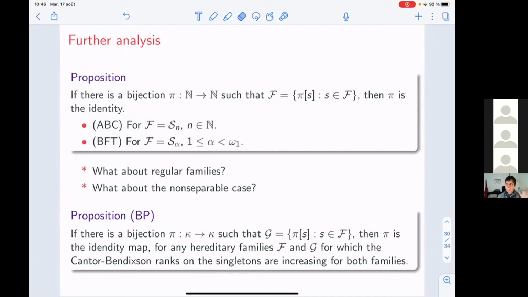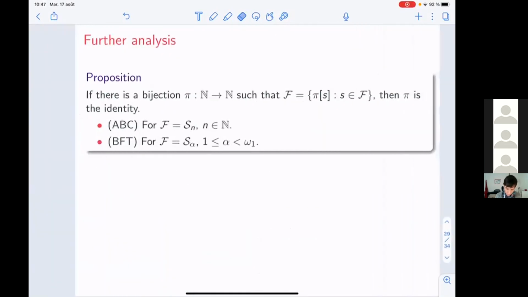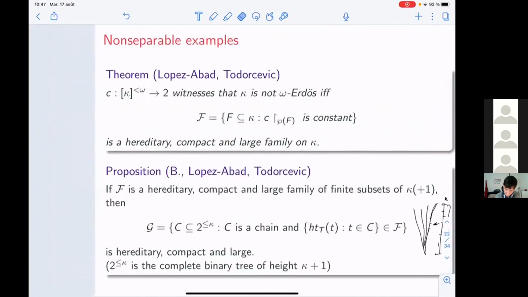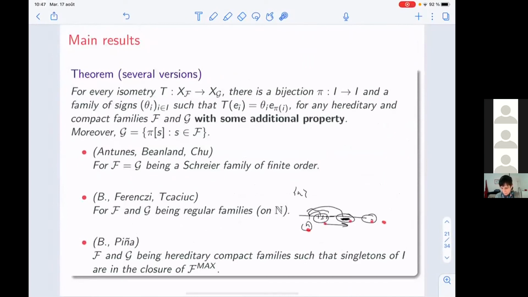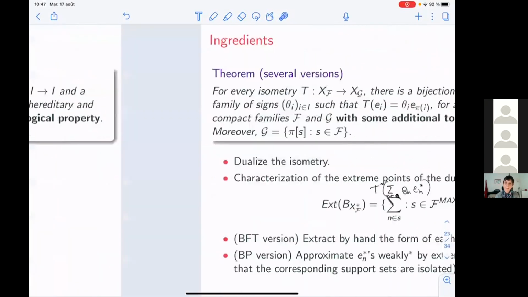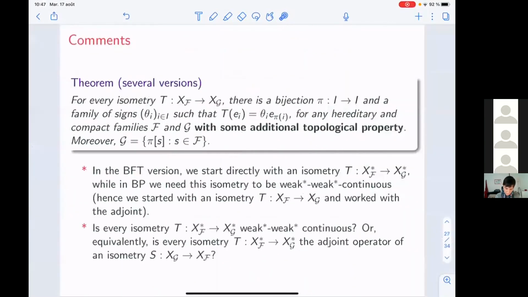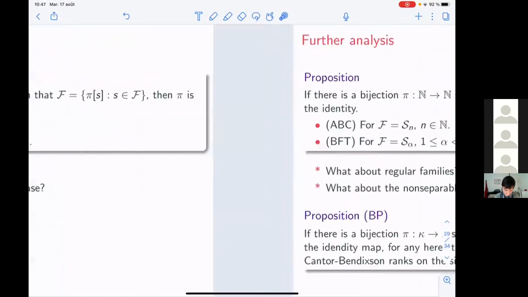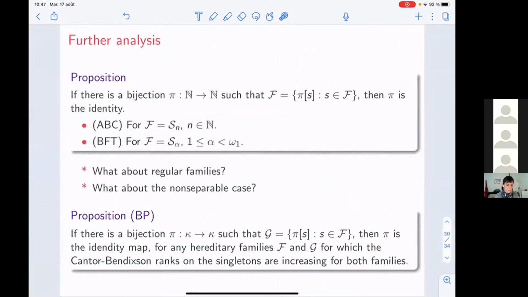For some similar reason to what I mentioned when I said that you can push sets to the right and construct a sequence here, such that the singleton will be indeed the limit of these sets. So for spreading families, the Cantor-Bendixson index of the singletons is not necessarily increasing, but it's already non-decreasing. And for the Schreier families, they are increasing. And this can be done even in the non-separable context, right?